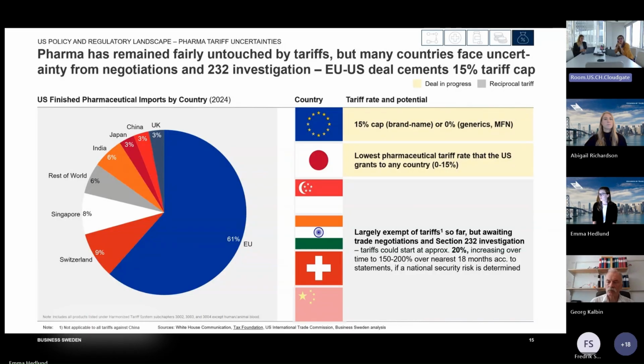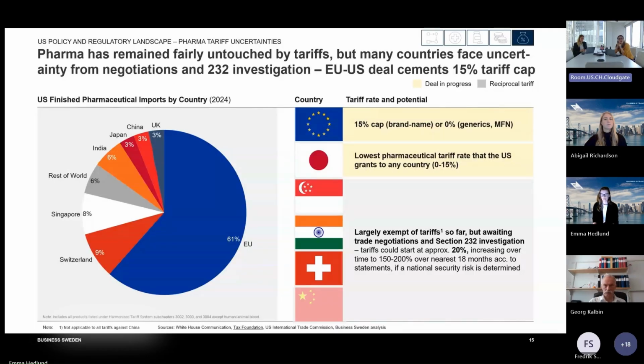Generics are currently not touched by tariffs. And in addition, we see that other countries like Japan have a lower rate, because they also have a deal now set up with the U.S. administration. So their tariffs range between 0 to 15%.